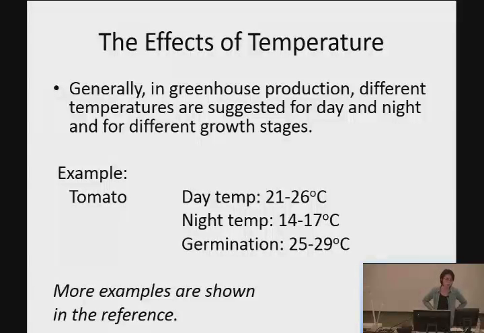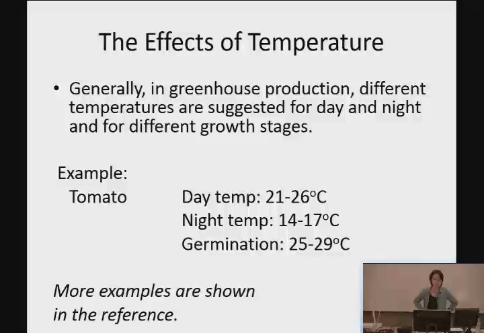For example, day temperature 21 to 26, night temperature 14 to 17. It could be slightly different in different literature. And germination usually needs a much warmer temperature. Those are all based on experience and tests. But you can certainly think that day temperature is affecting photosynthesis, transpiration, and flower development, and night temperature is respiration.